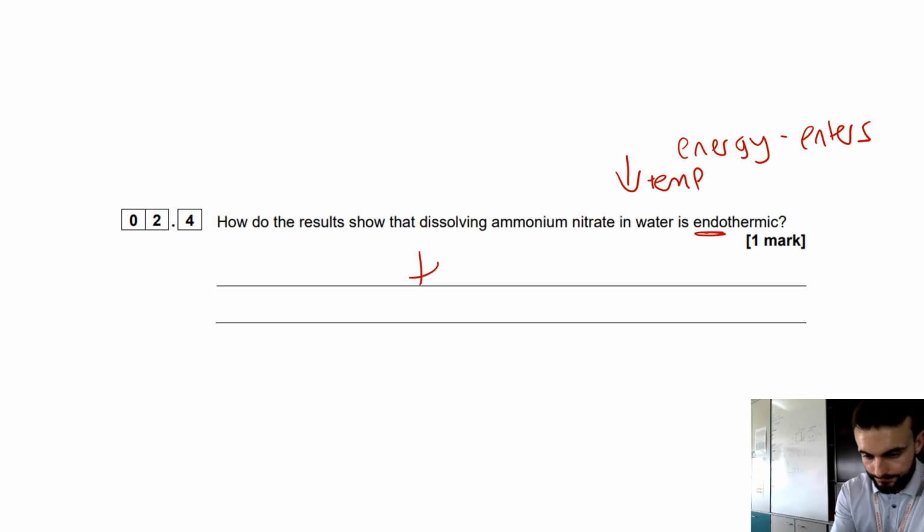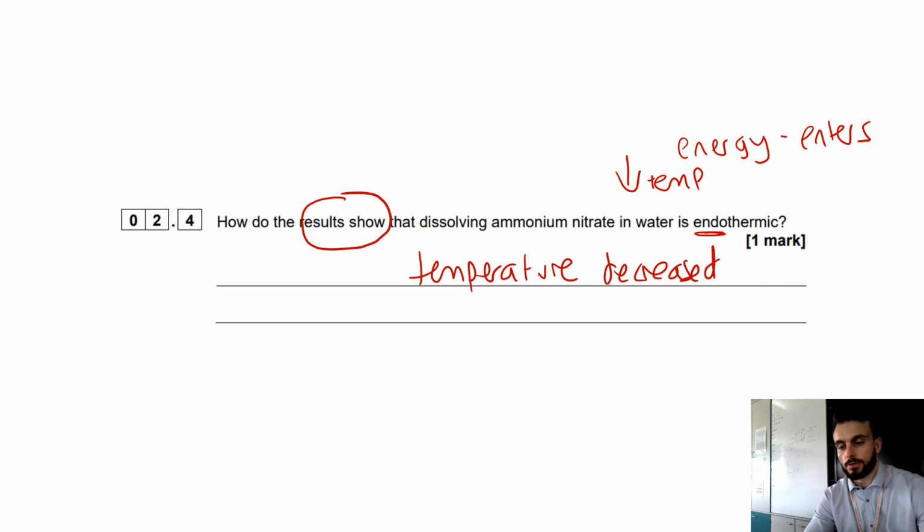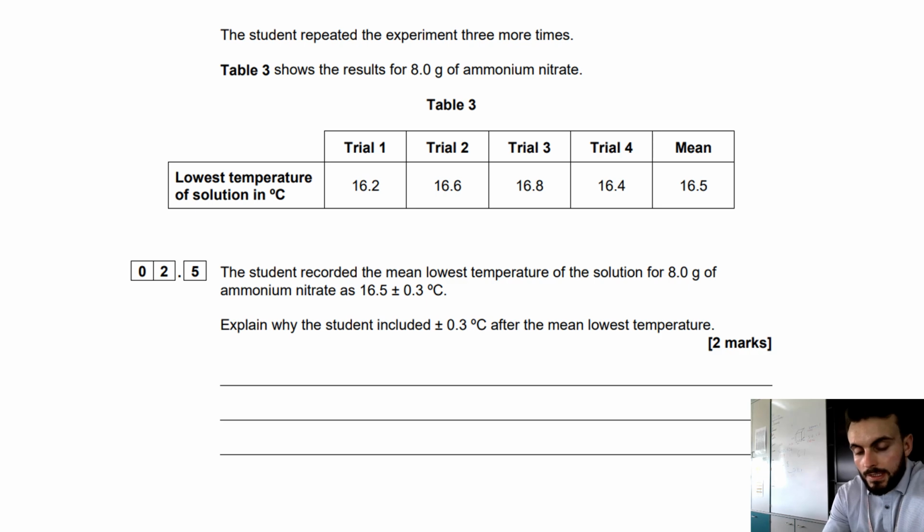It's because the temperature decreased. You can't talk about energy transfer, energy going into the reaction, etc., because it says how do the results show, and the results are only talking about temperature and mass, so you don't talk about energy at all, you just talk about the temperature.